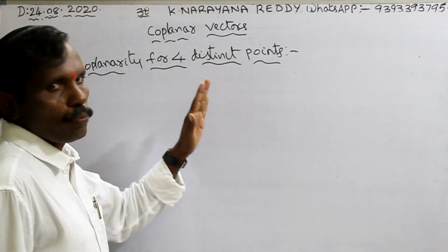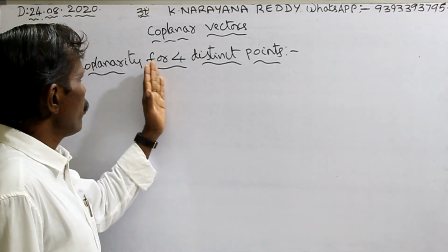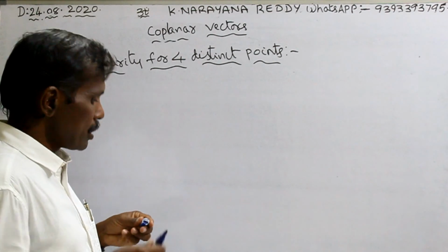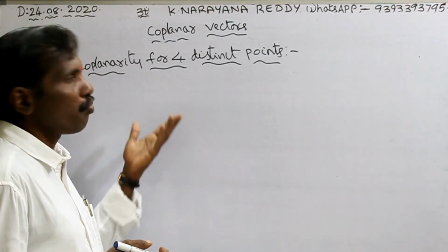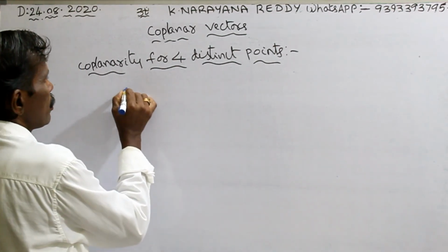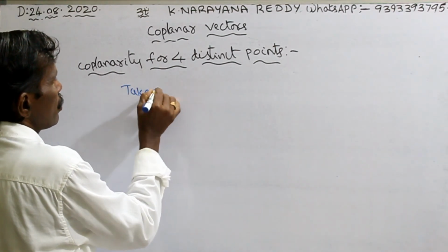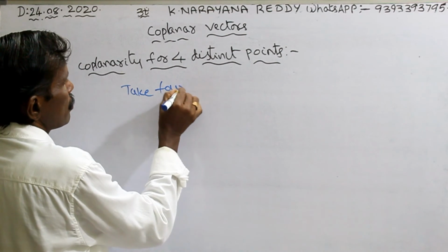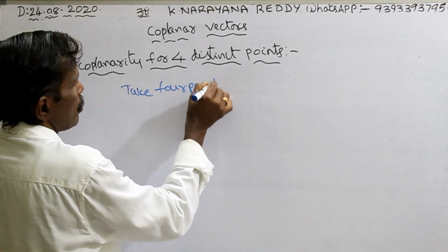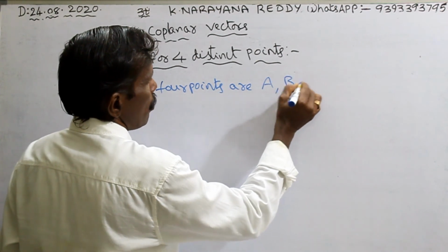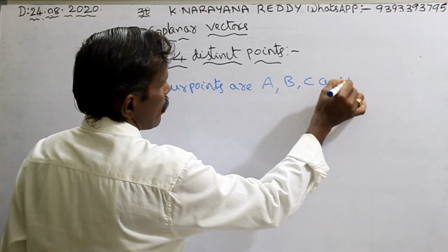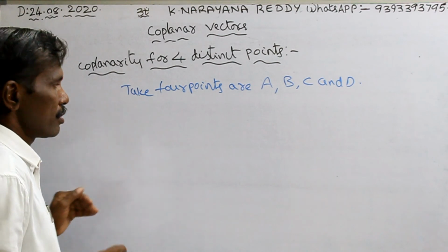Now take 4 points. Coplanarity for 4 distinct points. That means, so 2 points, then 3, now 4 points. Take 4 points A, B, C and D. These are 4 points.